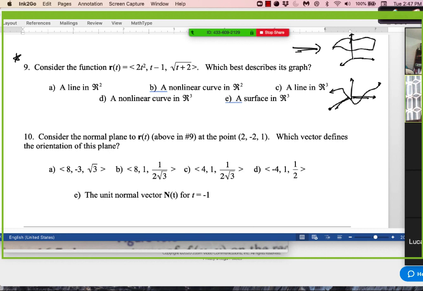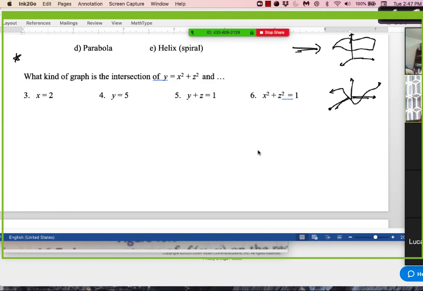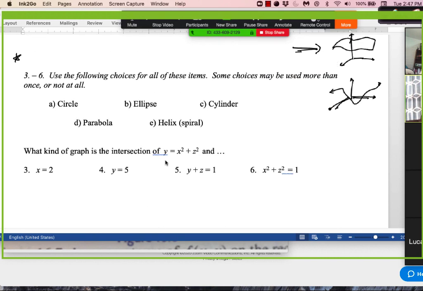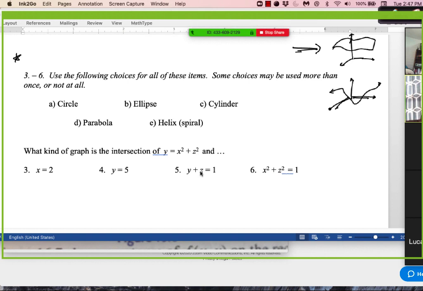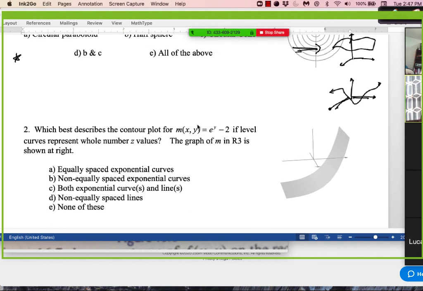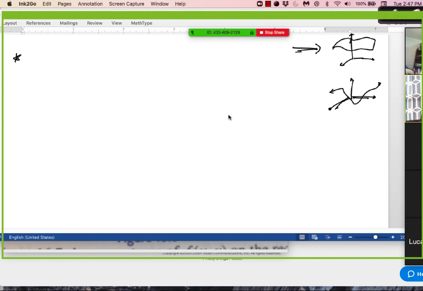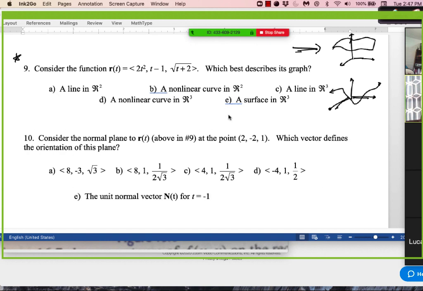So for instance, all these are surfaces, right? Y equals x squared plus z squared. Y plus e equals 1. X squared plus z squared equals 1. These are all surfaces. Here's a surface. Z equals e to the y minus 2. All right, those are all surfaces. So what gives a surface is, was someone going to say something?